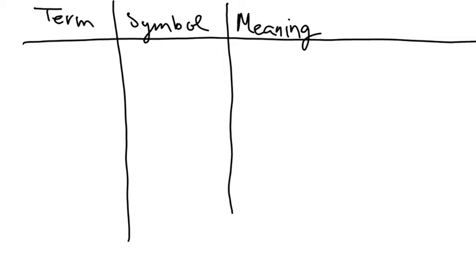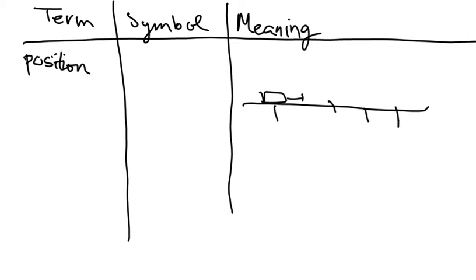What I need you to do is copy down this chart. The first term, and you probably even used this word today in class, is position. For example, if your little buggy car was moving along and you made little marks on the table, then the position is just how far the buggy is from the start of your ruler.